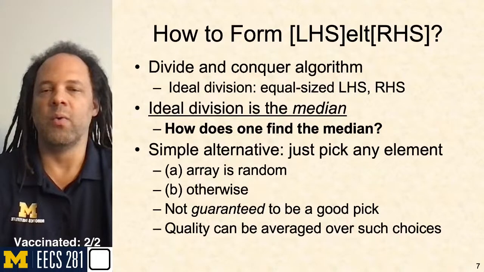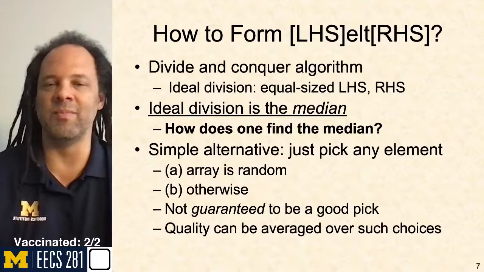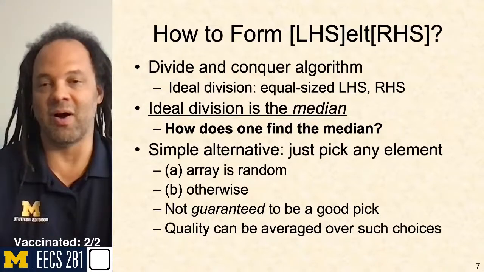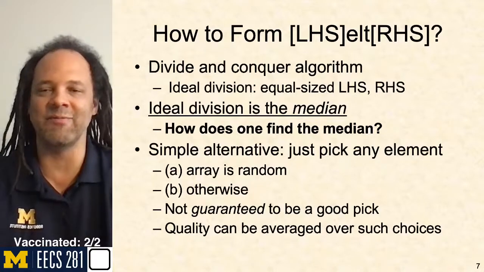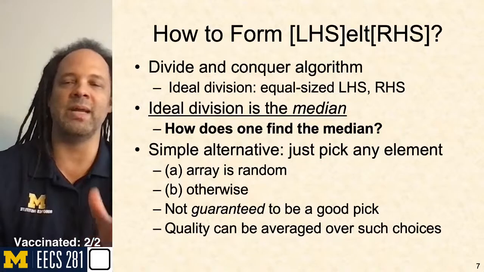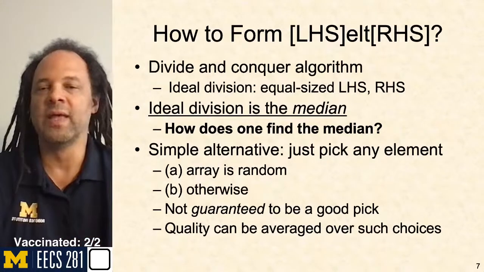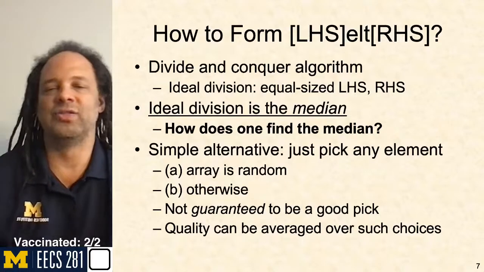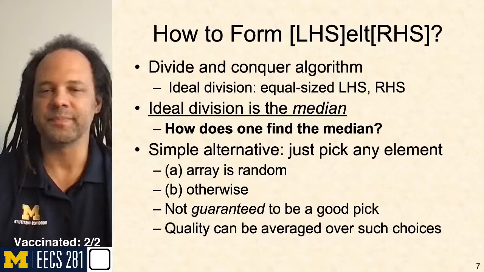So what's going on here is as I pick any item at random, it's going to be, on average, equal to the median. Sometimes it will be the median, very rarely. Sometimes it will be less than the median. Sometimes it will be more than the median. But over all of my choices, I will pick something that looks like the median. So that's my justification for just picking any item at random.